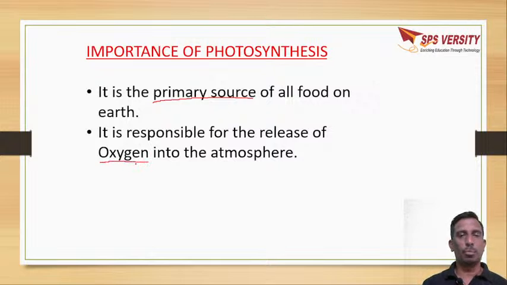Oxygen plays an important role in aerobic respiration, and that oxygen is generated from photosynthesis. So photosynthesis is a very important process, primarily for food as well as for oxygen.